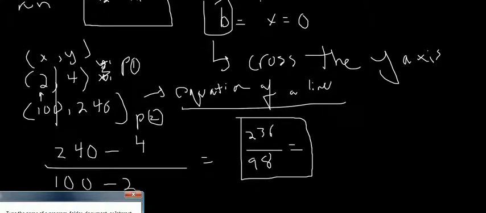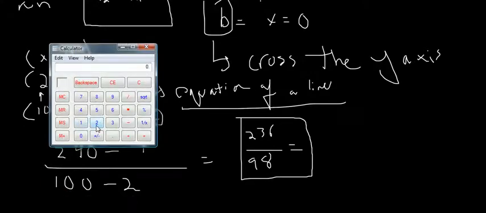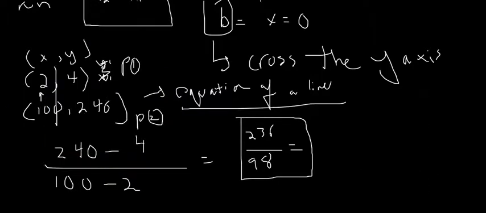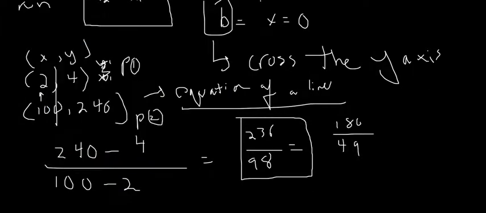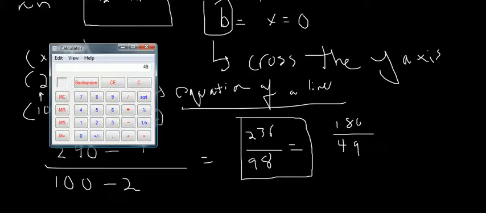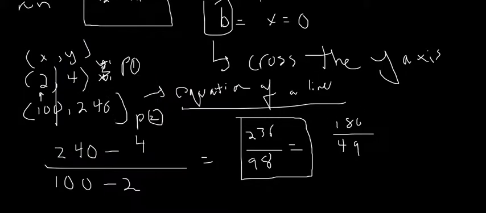So what you can do is, see, it can be divided by 2. So what's 236 divided by 2? That's 118. And what's 98 divided by 2? 49. So it'll be 118 over 49.